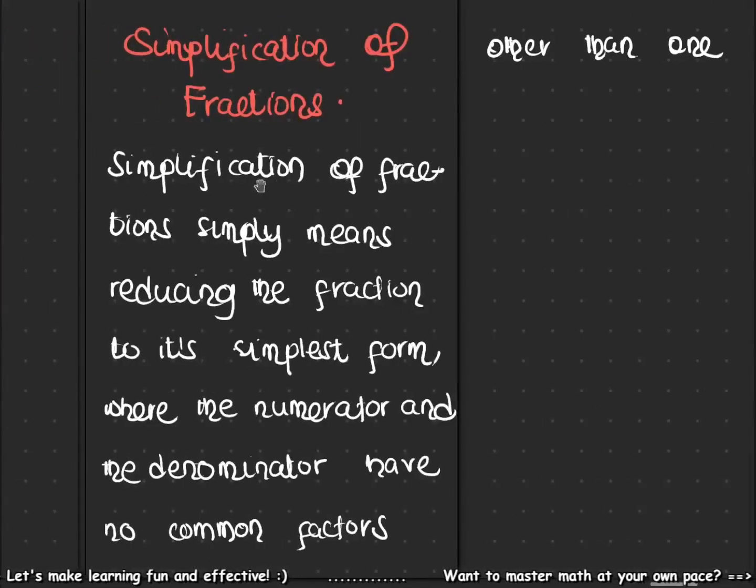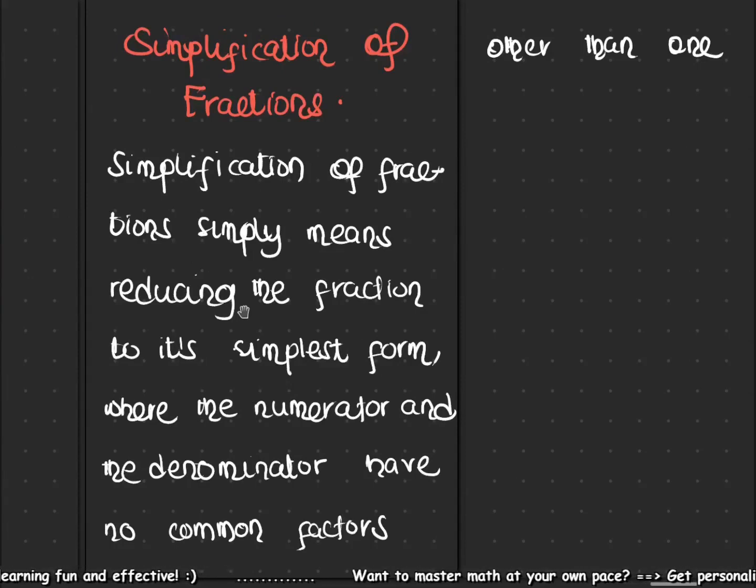As we can see here, simplification of fraction simply means reducing the fraction to its simplest form, where the numerator and the denominator have no common factors other than 1.